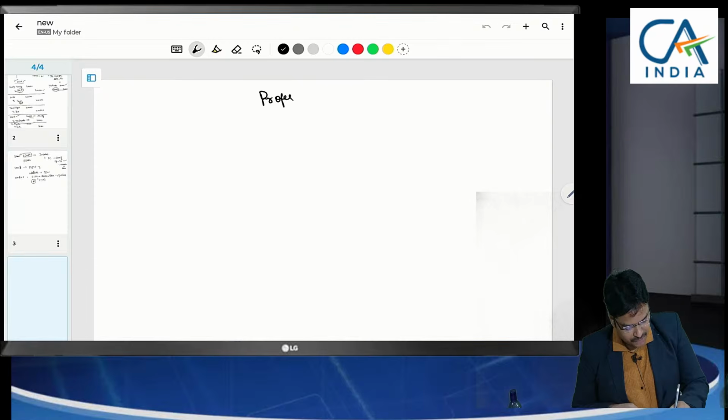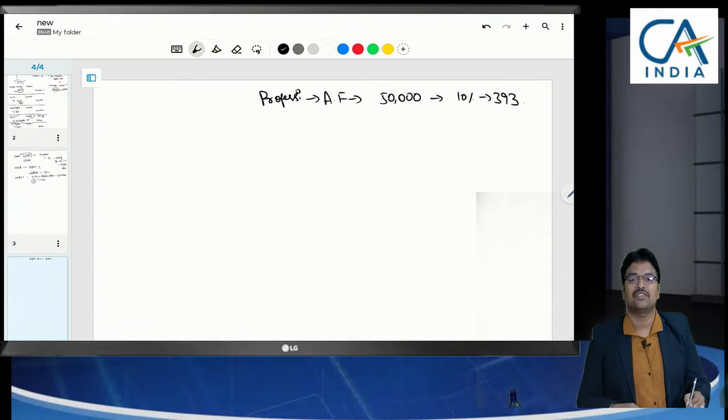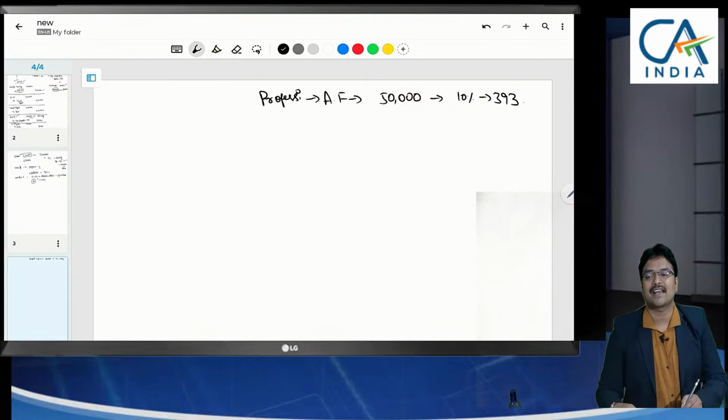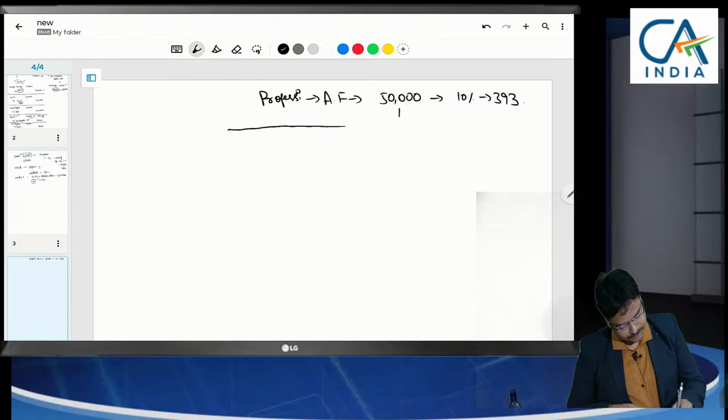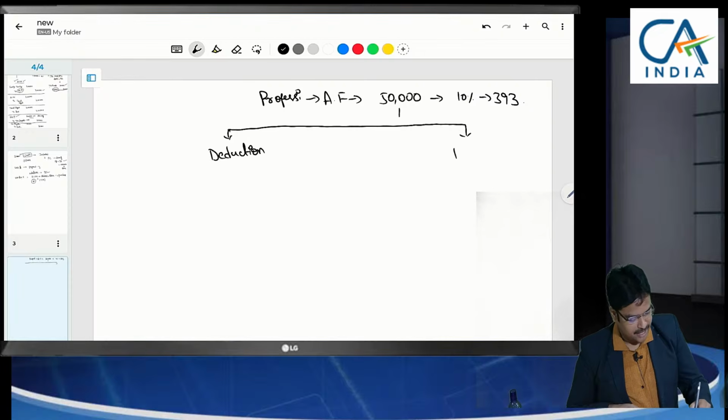Sir, some professional fees is being paid, audit fee let us assume, 50,000 is being paid. Greater than 30,000, 10% TDS has to be deducted under new section 393. Old Income Tax Act 94J, new Income Tax Act 393. Now here comes deduction and then comes payment. Deduction has to be done in the tax year itself.